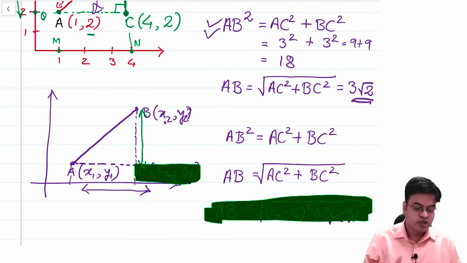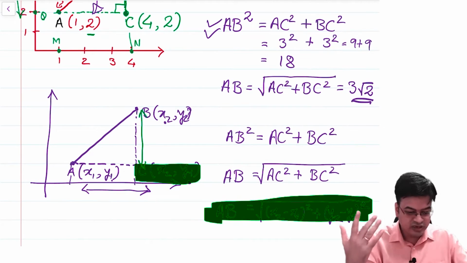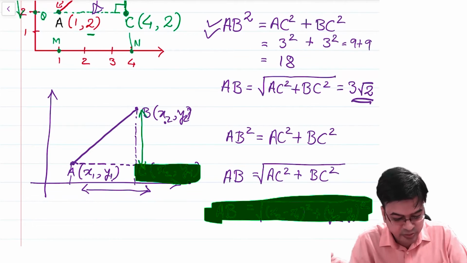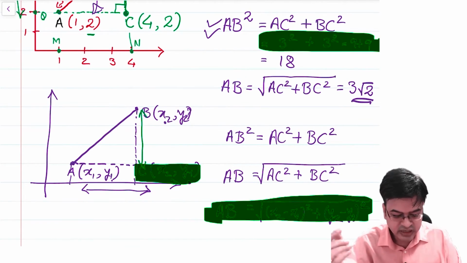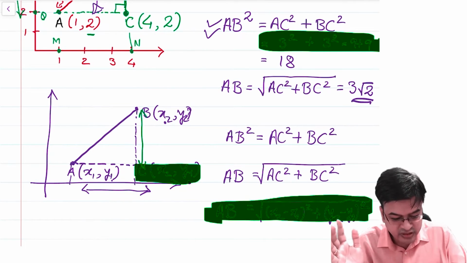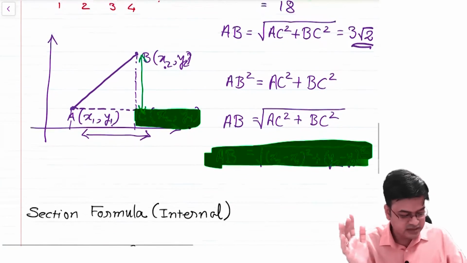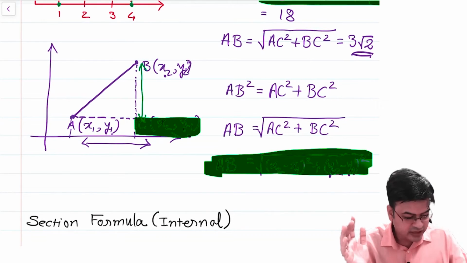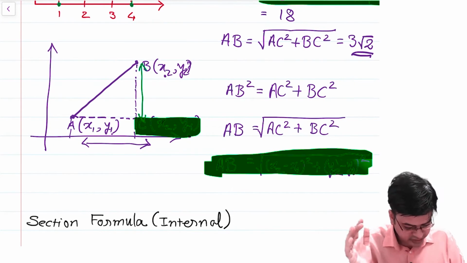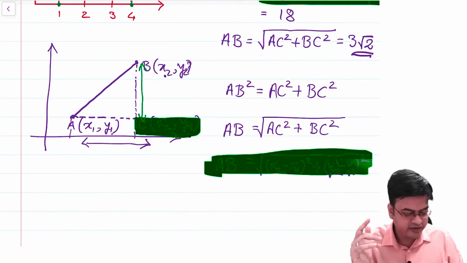It is working behind the scenes. So now if I have been given any 2 points, I don't have to work out all these things. I can simply start with the points and answer the question: what is the distance? Let me elaborate it in more detail by taking one example.